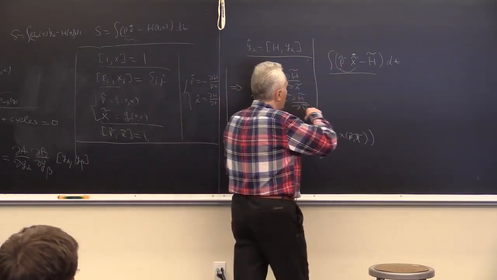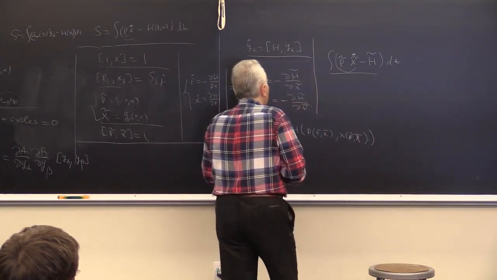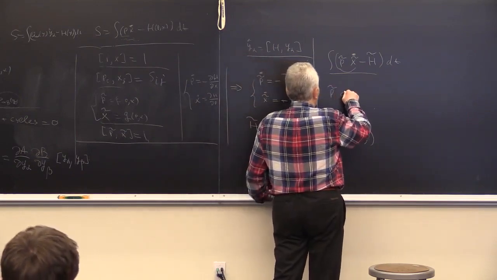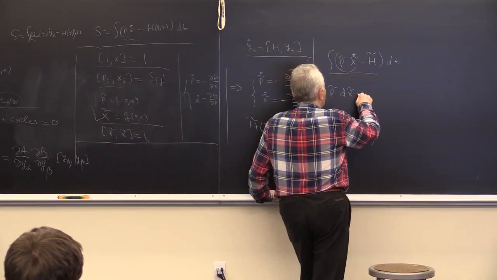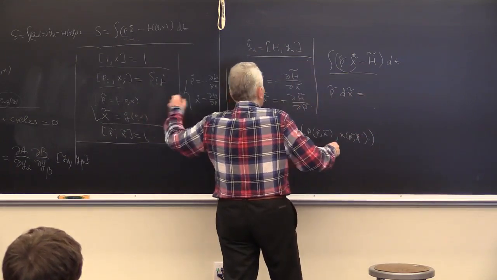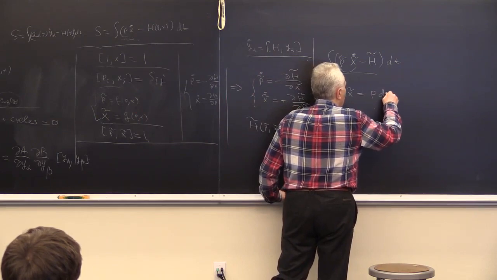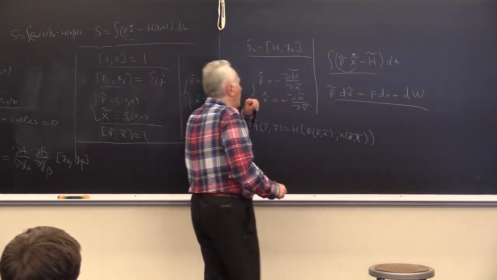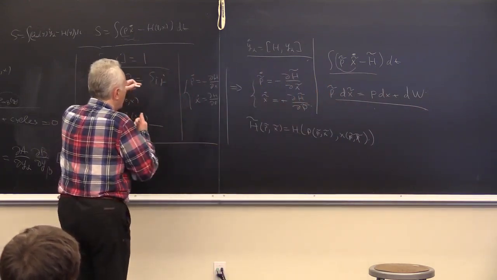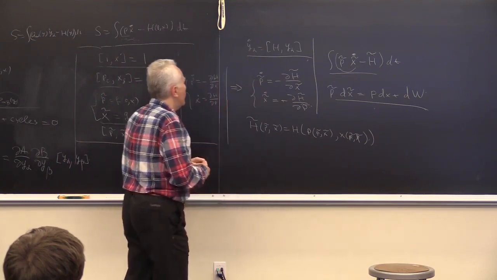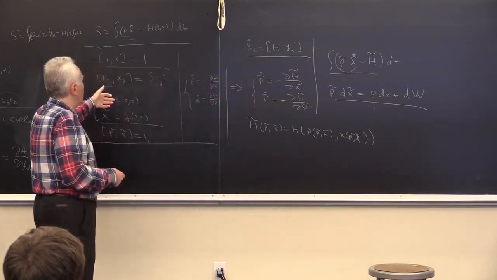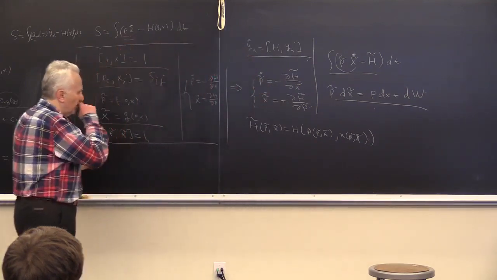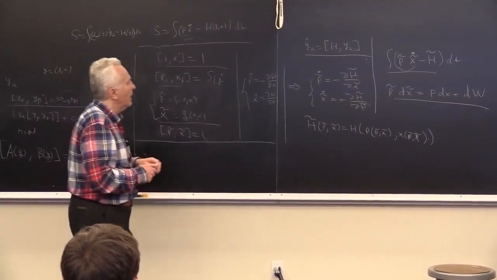And so that gives you the condition that when you go to the new variables, the first term should be the same as in the old variables plus maybe a total derivative. Under this condition you will have the symplectic structure unchanged and the Poisson structure unchanged.